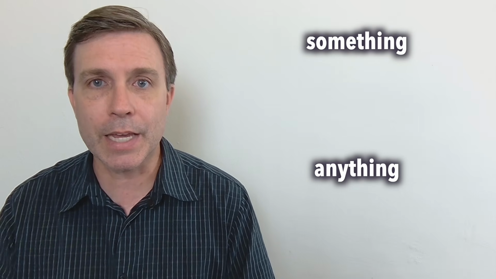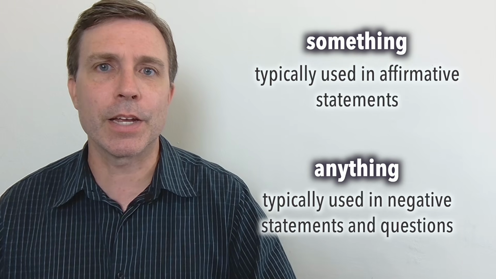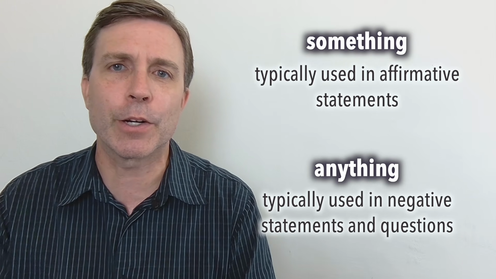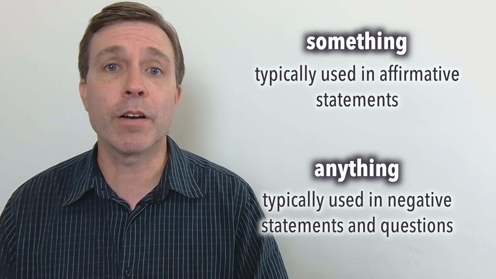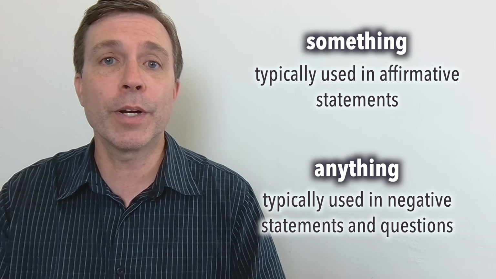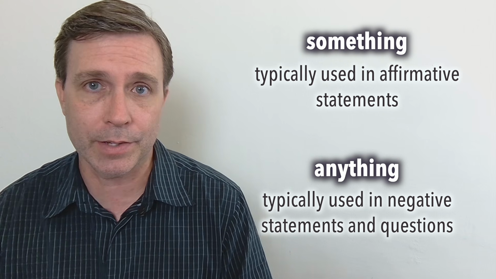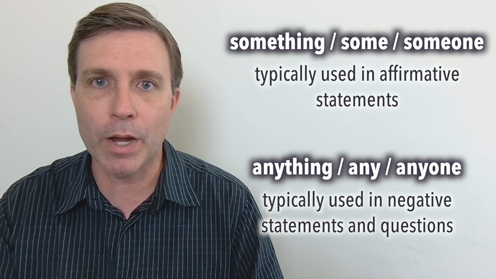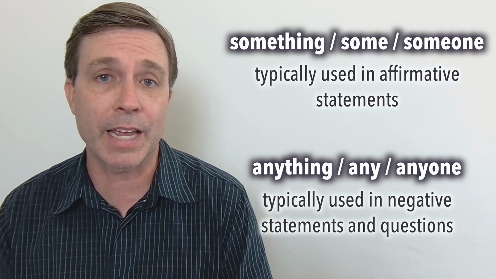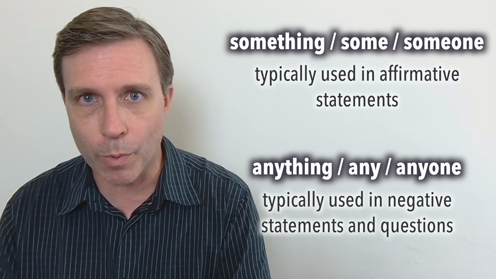So something and anything, these are indefinite pronouns, but you're going to use them in different grammatical context. In general, you're going to use something with affirmative statements, and you're going to use anything with negative statements or questions. And the same goes for the other indefinite pronouns, someone or some with affirmative statements, and anyone or any with negative statements or questions.